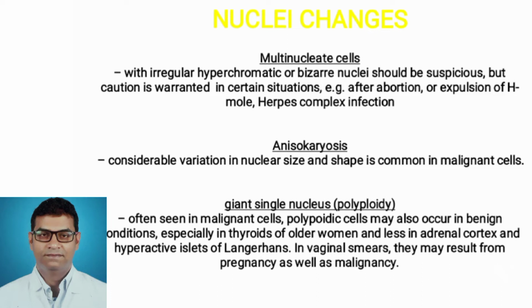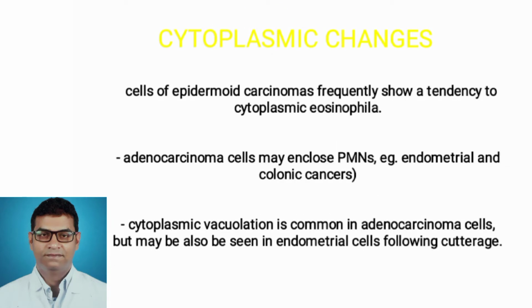Polyploid cells may also occur in benign conditions, especially in the thyroids of older women, and less in the adrenal cortex and hyperactive islets of Langerhans. In vaginal smears, they may result from pregnancy as well as malignancy. Cells of epithelial or epidermoid carcinomas show cytoplasmic changes, frequently showing a tendency to cytoplasmic eosinophilia.